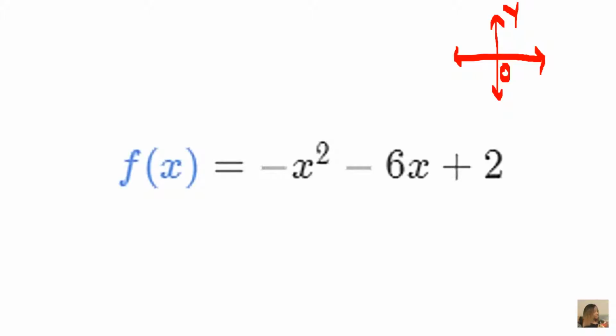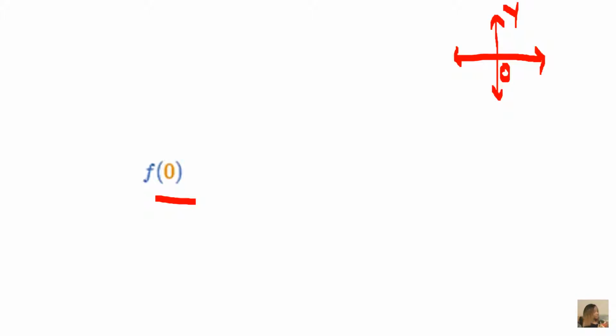We see that f of x equals negative x squared minus 6x plus 2. Now let's do f of 0. So f of 0 equals negative 0 squared minus 6 times 0 plus 2.